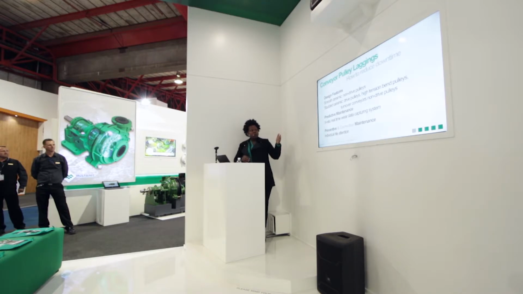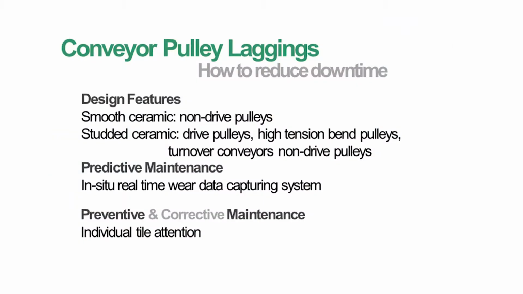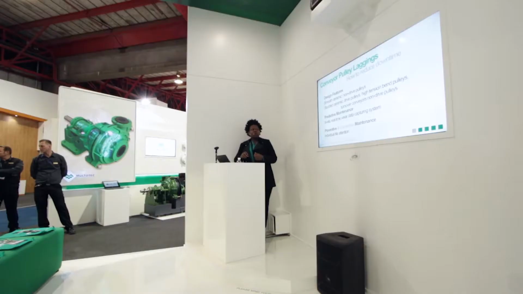Now, addressing your predictive maintenance, you have systems where you can inspect the legging in situ, right? And these systems can give you real-time wear data or profiles on the legging to see, for the smooth ceramic tiles, that you don't have tiles that have fallen off, right? Because what happens with the ceramic tiles is you have direct bonding on the pulley.